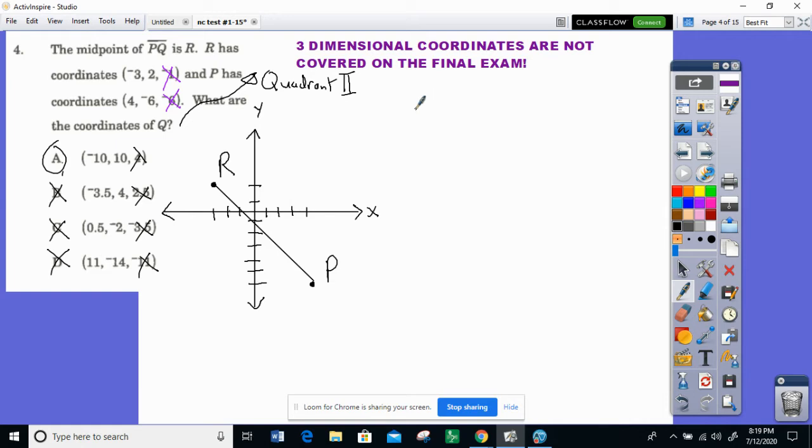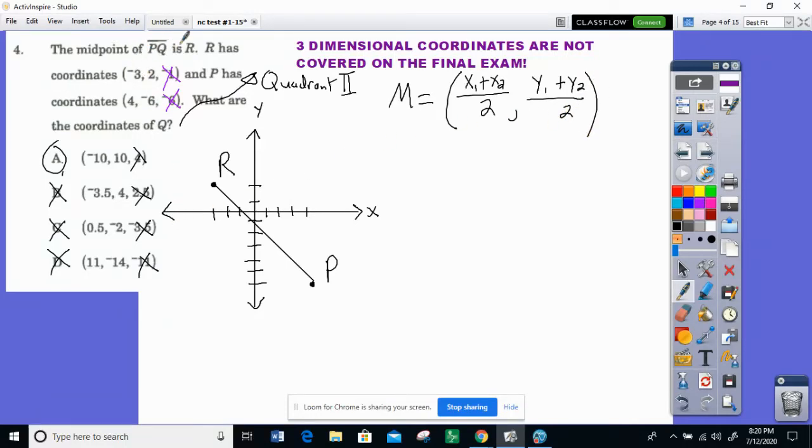So what could help you on this question if you weren't doing it with a guess and check kind of scenario? Well, on the formula chart that you're going to have for the final exam, the midpoint formula is x1 plus x2 divided by 2, comma, y1 plus y2 divided by 2.